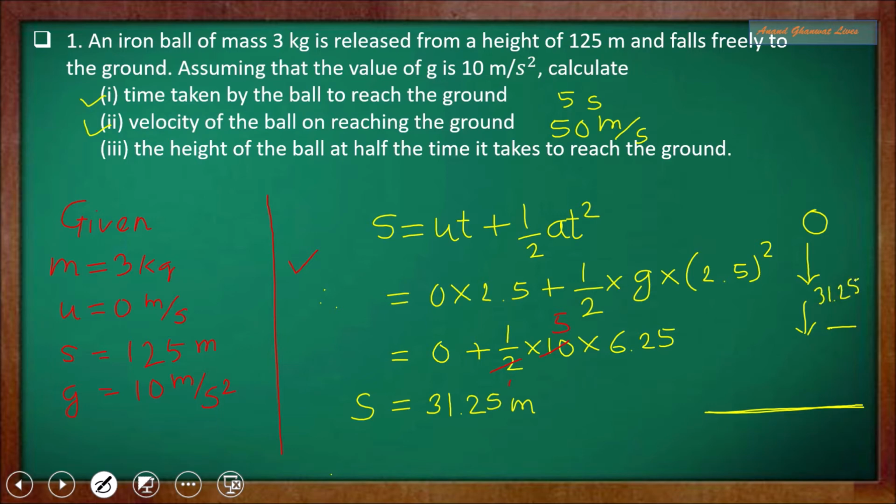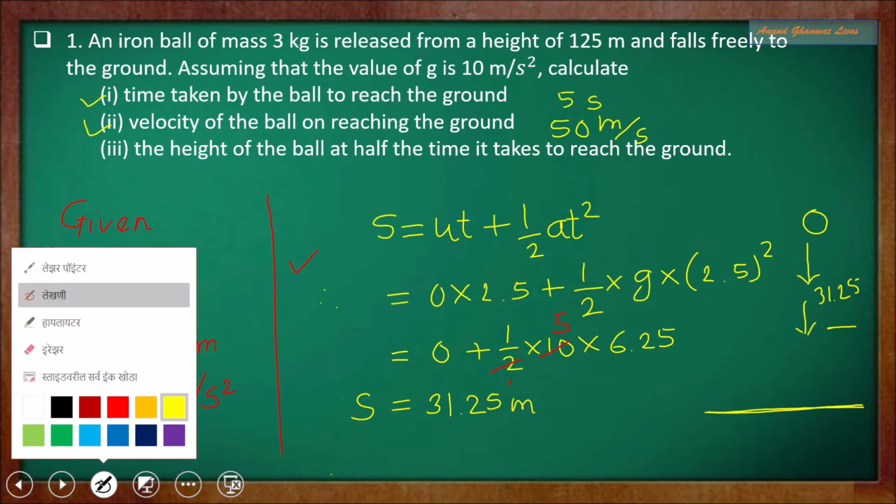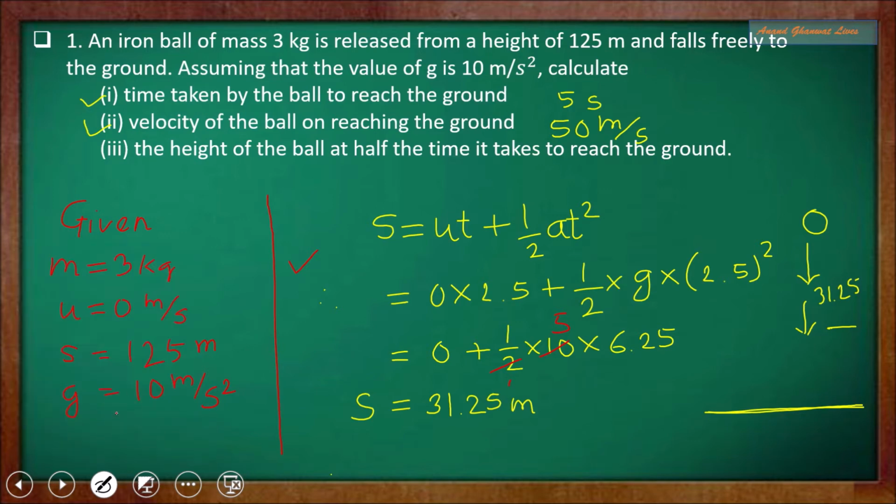the height from the upper point, 31.25. Now we have to find the remaining distance or the height from the ground, means we have to find this distance, and total distance is 125. So we have to subtract 31.25 from 125.